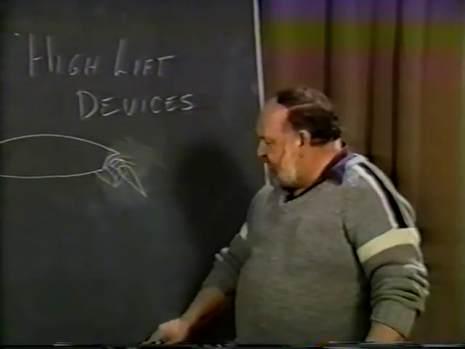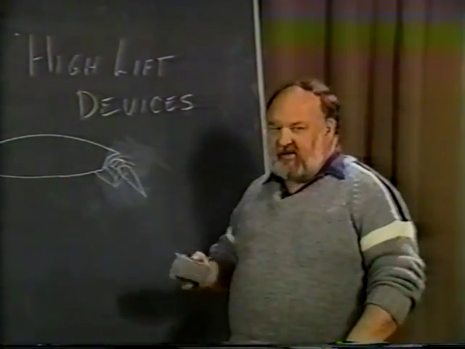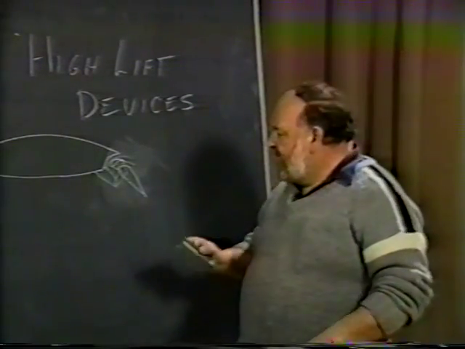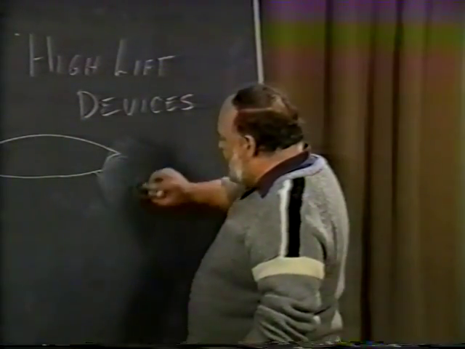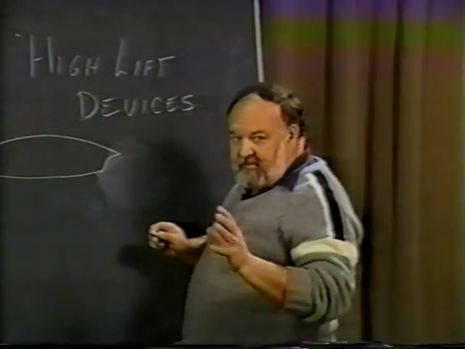The only follow-on to this type, and the only one that in one sense gives more lift than the double-slotted flap, is the Fowler flap. A Fowler flap is very similar to a single-slotted flap, or it can even be made with double slots.